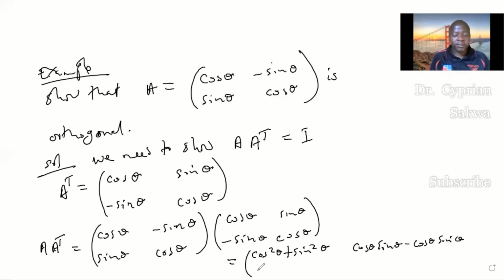I would have cos theta sine theta, and this and that I would have minus cos theta sine theta. This row and this column I would have sine square theta plus cos square theta.